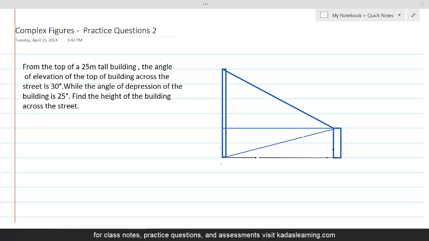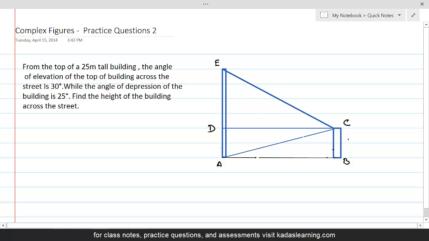Let us take these points as A, B, C, and D, and this point as E. BC is the short building, which is 25 meters in height, and C, being the top of the smaller building, is where we are observing the building AE across the street.